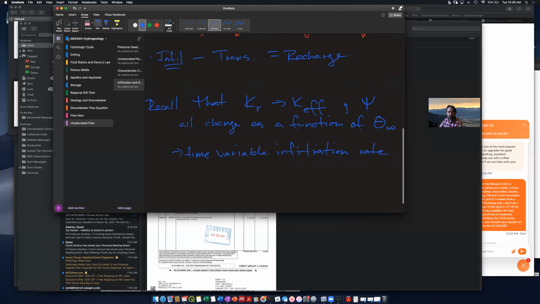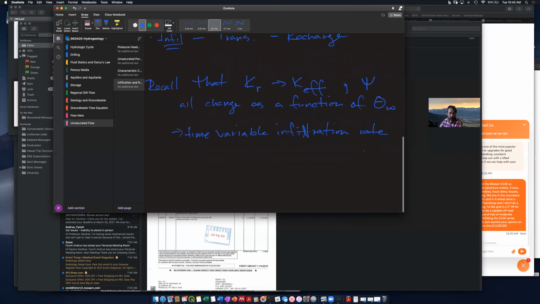Now, there are a lot of different ways to try and calculate this infiltration rate, but one way that's commonly done is called the Green-Ampt function. The Green-Ampt function approximates the time variable infiltration rate.